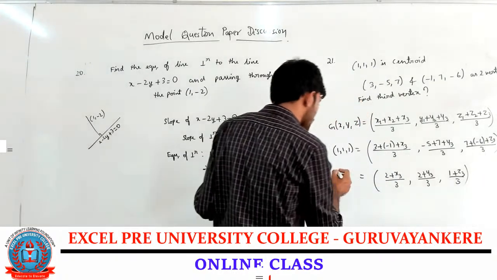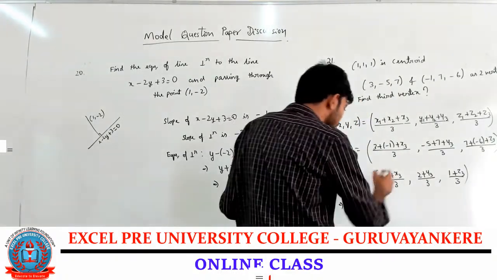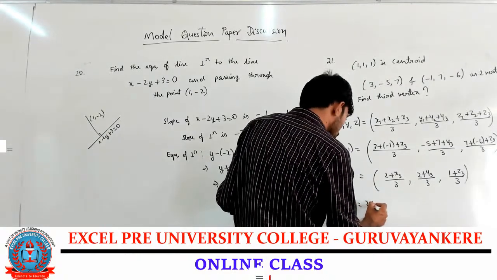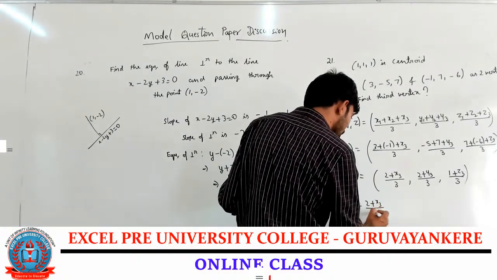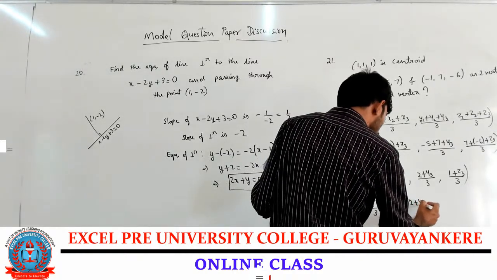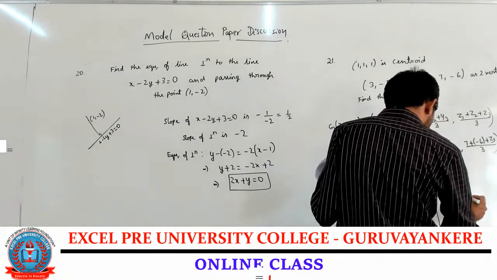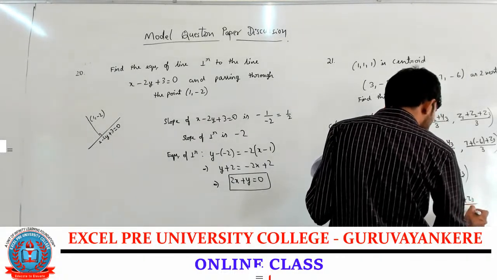Equate the x, y, z coordinates. 1 is equal to (2 plus x3) divided by 3, 1 is equal to (2 plus y3) divided by 3, 1 is equal to (1 plus z3) divided by 3.